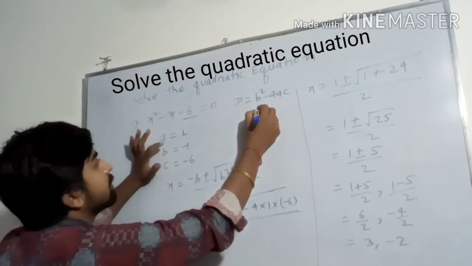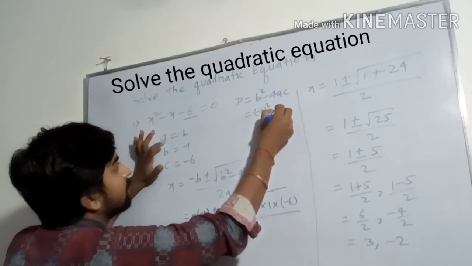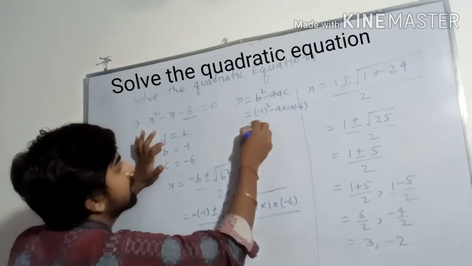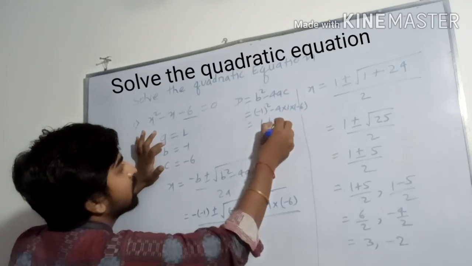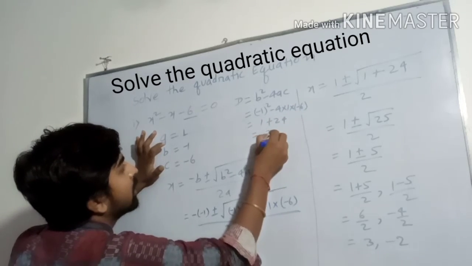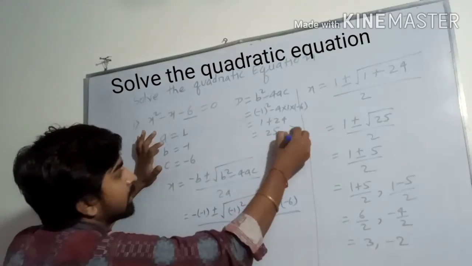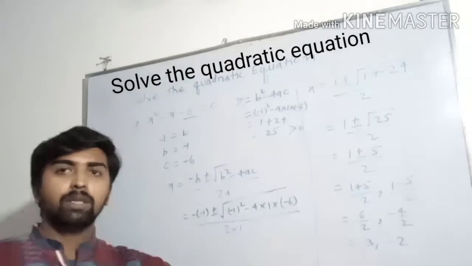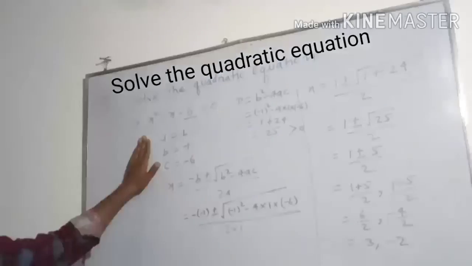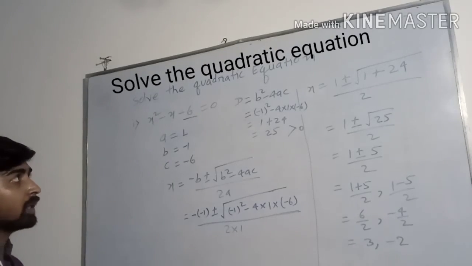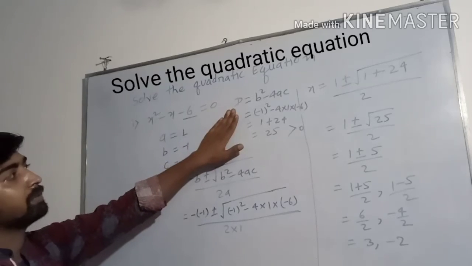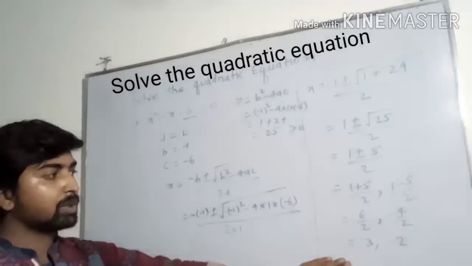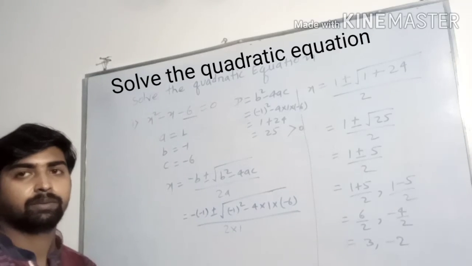Because the square of -1 is 1, minus 4 × 1 × (-6) is plus 24, and this equals 25. This is greater than 0, so we have got real and distinct roots of this quadratic equation. If the discriminant is negative, then we will get complex and distinct roots.